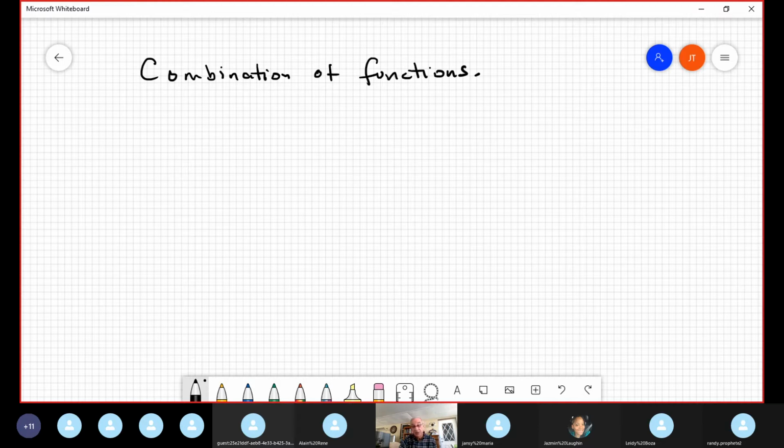How we combine functions in different ways. We can use, for example, at the beginning, the arithmetic operations: addition, subtraction, multiplication, and division. So suppose the notation is f plus g of x. This is equivalent to saying f of x plus g of x.